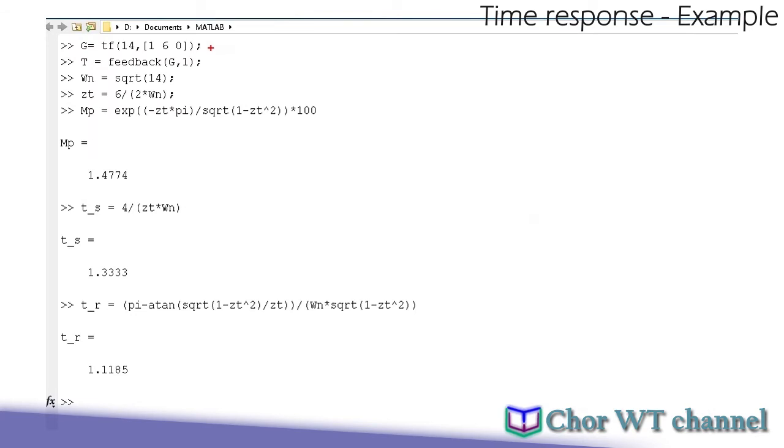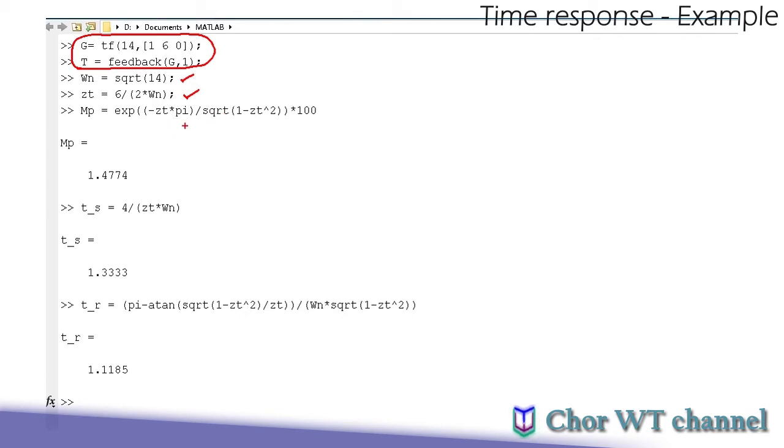Here are the commands that I've typed in MATLAB to get the solution for the maximum overshoot, settling time, and rise time. Basically, I'm just defining the G and T here so that I can generate the step response later. As per our calculation earlier, omega n will be the square root of 14, and the zeta value denoted by ZT here will be 6 divided by 2 times omega n.